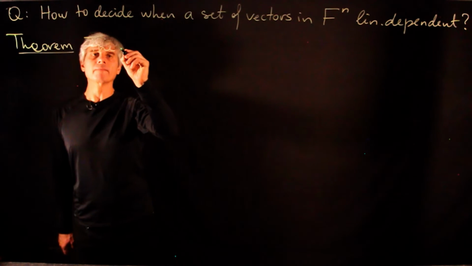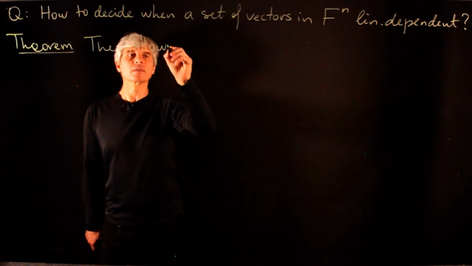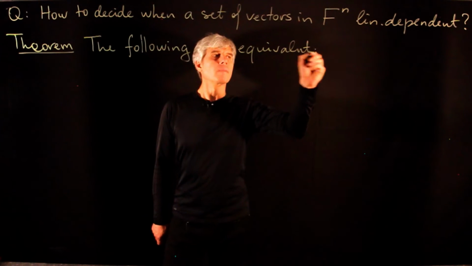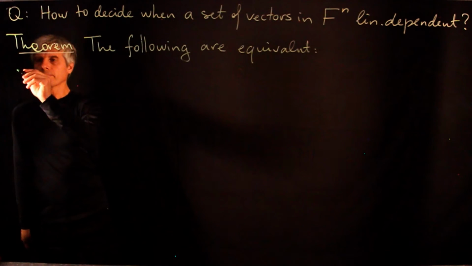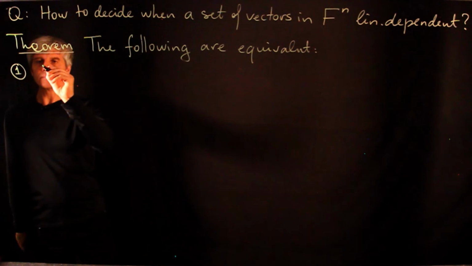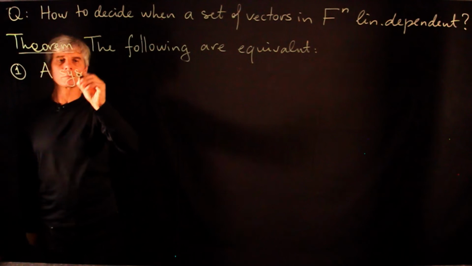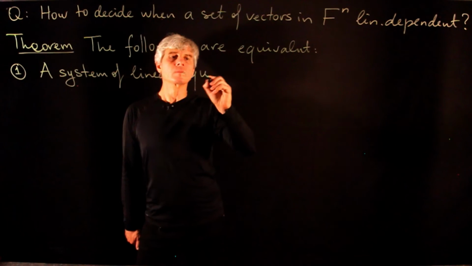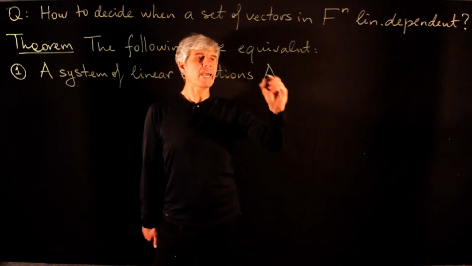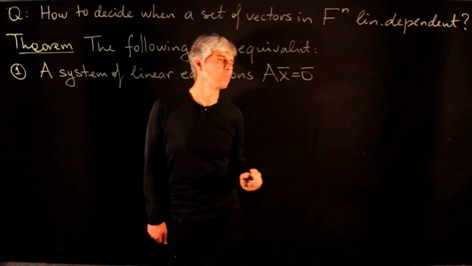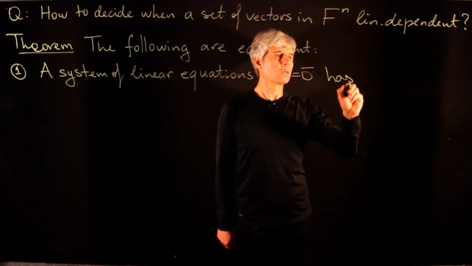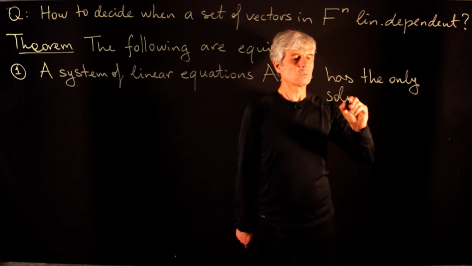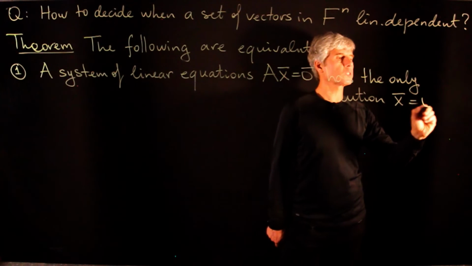So the following 3 conditions are equivalent. One, a system of linear equations Ax equals 0 has the only solution x equal to 0 vector, right?